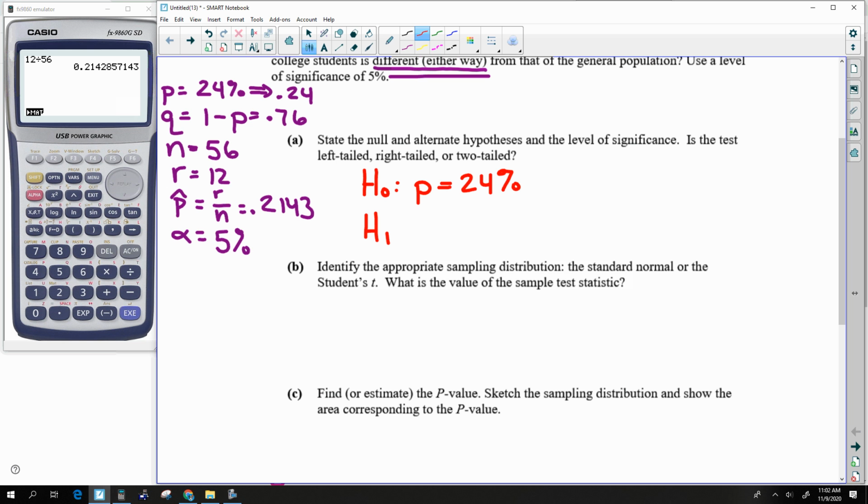We just did a sample, and we want to show that it is not equal to 24%. We don't care if it's bigger or smaller, as long as it's not equal to. The level of significance in this situation is 5%, and this is a two-tail.